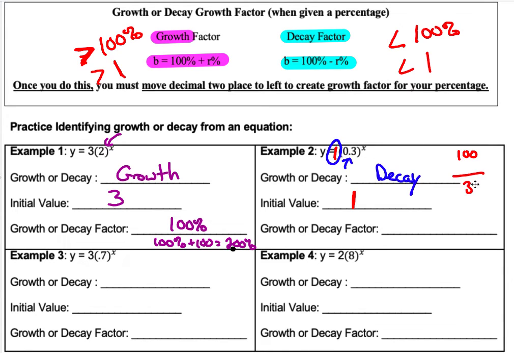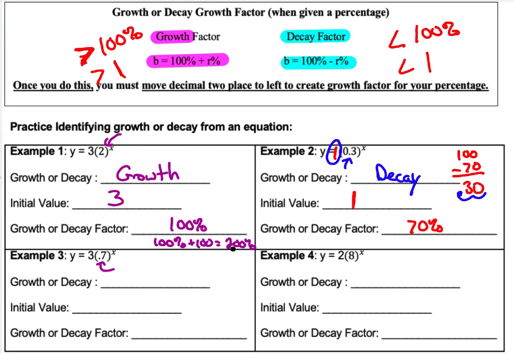It went down to 30%, which means it went down by 70%. Because when we changed it into a decimal, that's how we got it into a 0.30. So you have to remember that they're changing these percents into decimals when we plug them into our growth or decay functions.